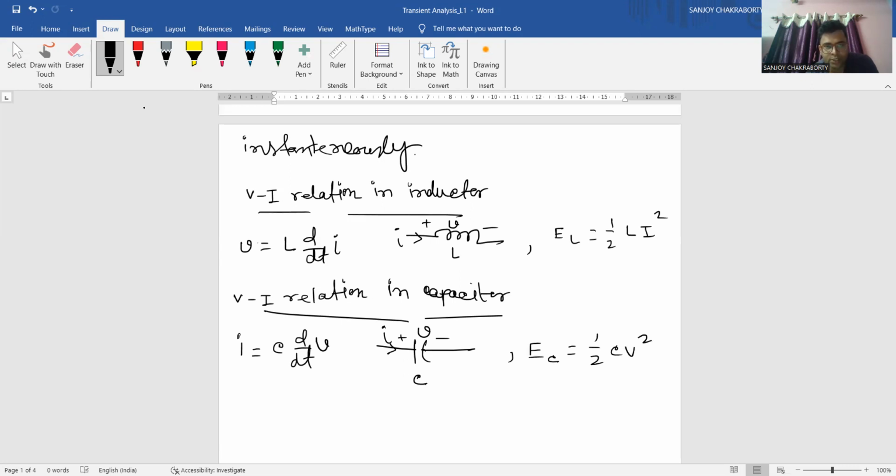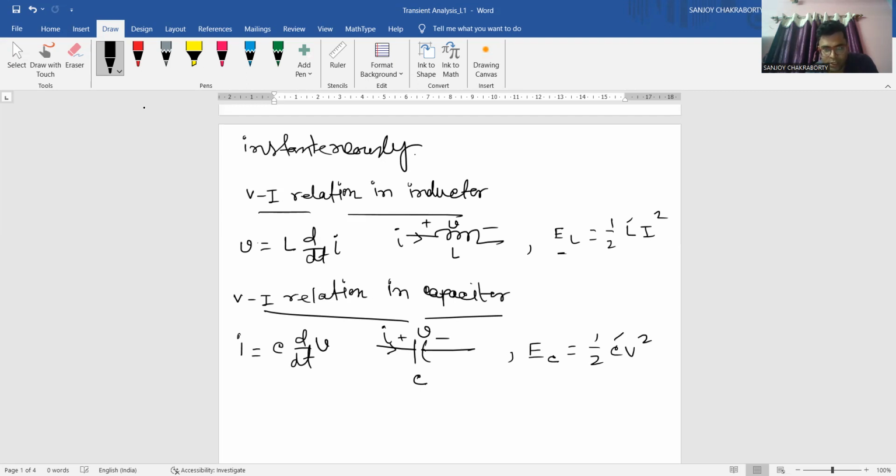So the transient will be there in inductor and capacitor because energy cannot change instantaneously, at zero instant. Suppose there is a circuit, and as soon as we switch on the circuit, it will take some time to redistribute the energy. Now, L is constant in case of inductor, and C is constant in case of capacitor.